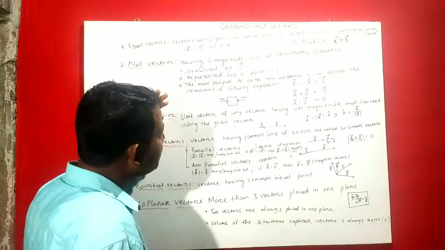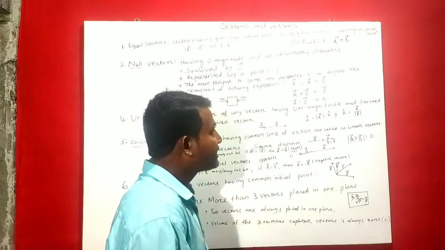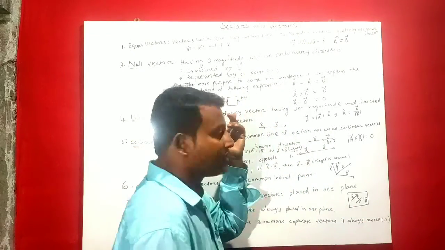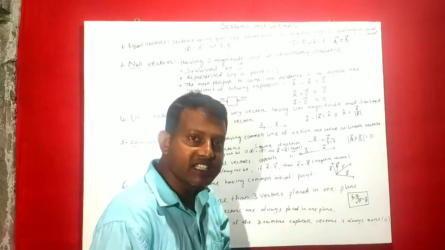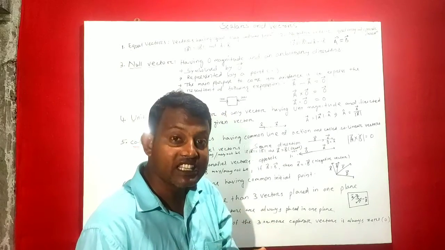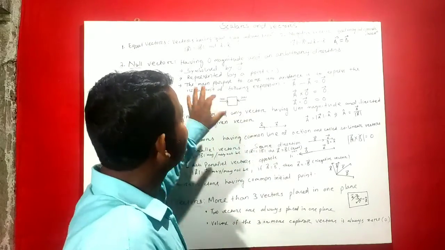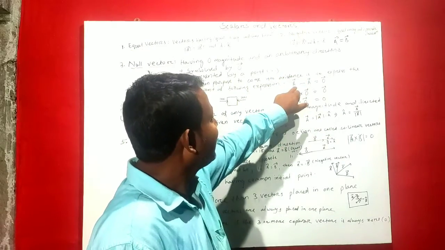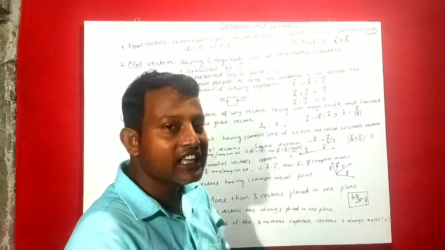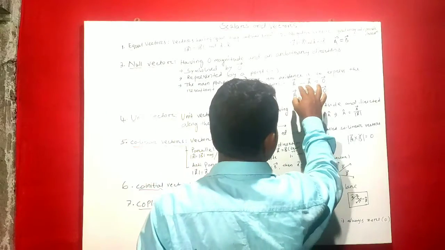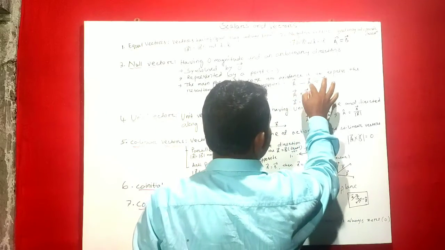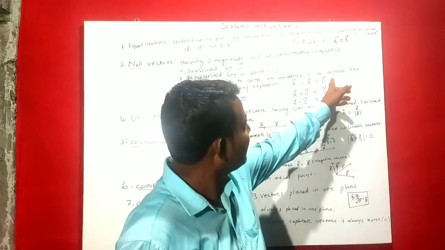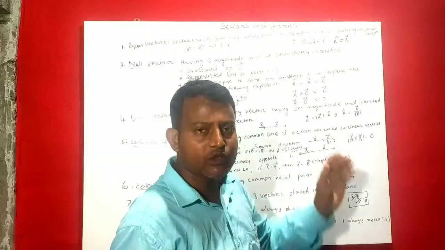The main purpose of the zero vector coming into existence is to express the following expression. If we subtract vector A from vector A, what will it be?